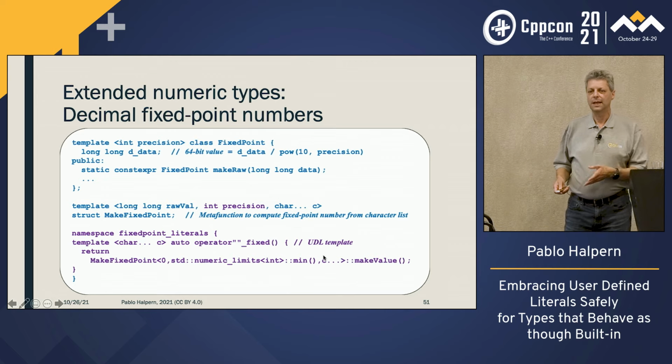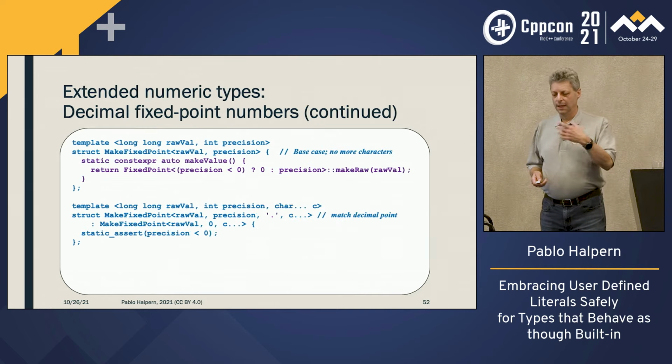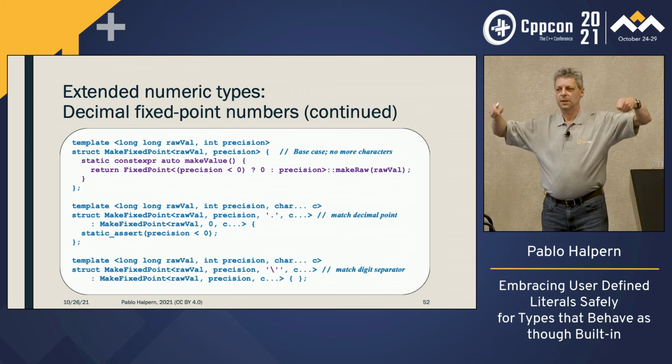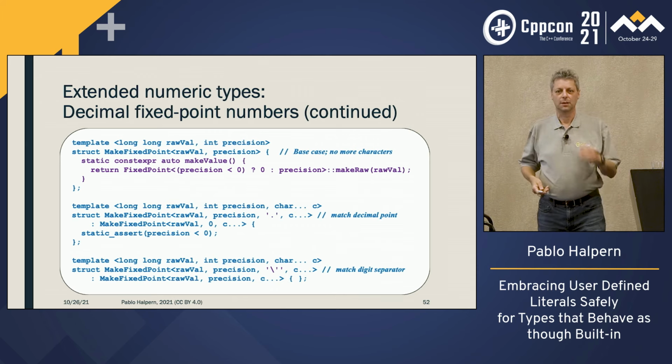I'm not gonna go into all the logic here because I don't have time, but our mixed fixed point is a basic recursive template that computes not only the long integer value that's stored in our fixed point, but also how many decimal places are stored to the right of the decimal point.